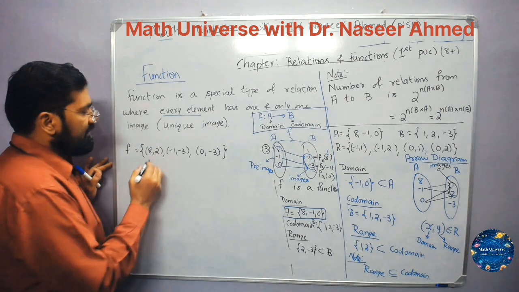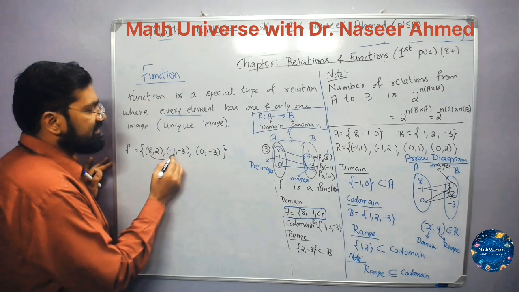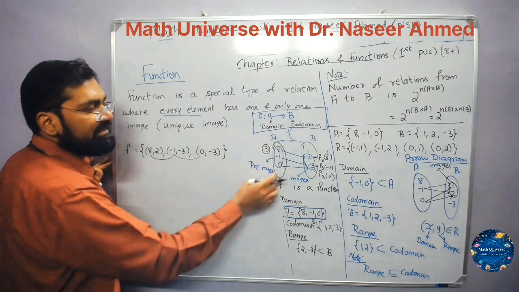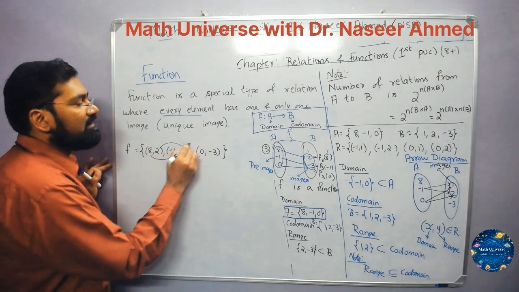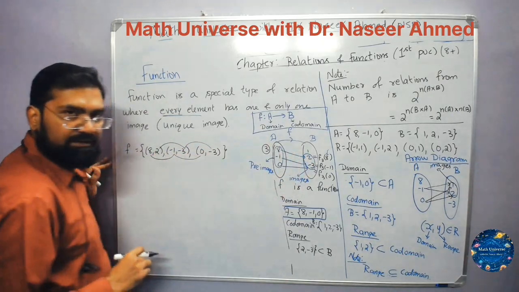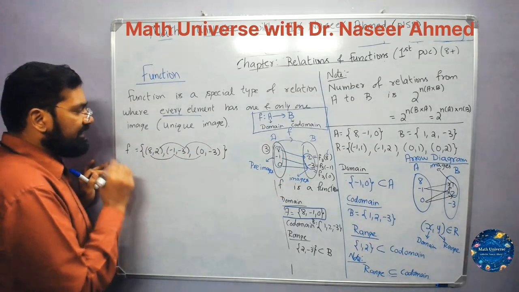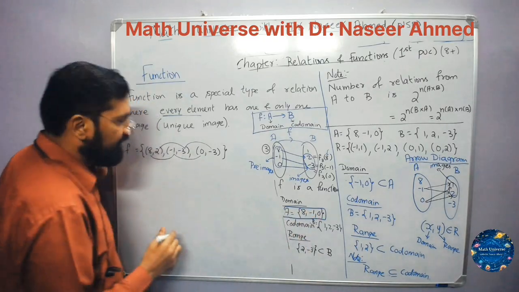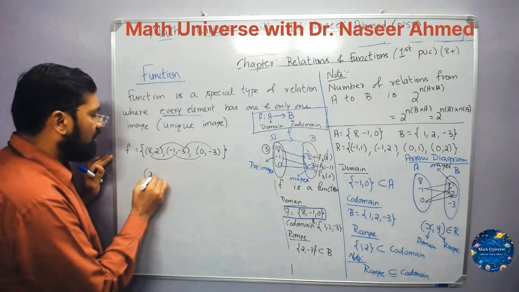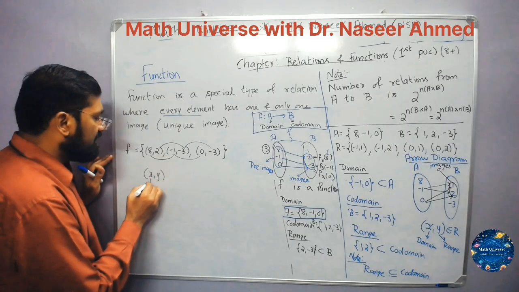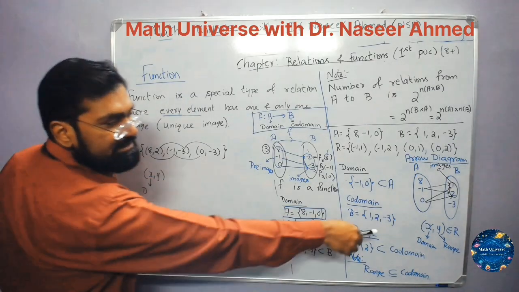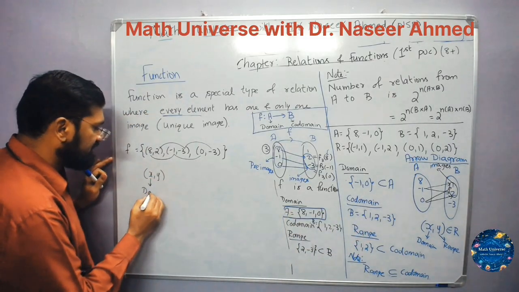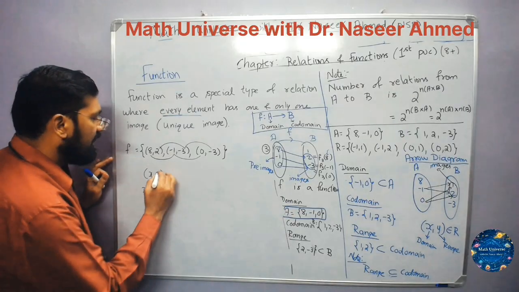See carefully, this is an ordered pair: this is the first element, which is coming from set A, and this is the second element, which is coming from the second set B. When I talk about the domain, which is 8, -1, 0, I can always say that if I have an ordered pair, my x is always the domain, which we also discussed there. The same point I'm writing even for functions. And this is your range.